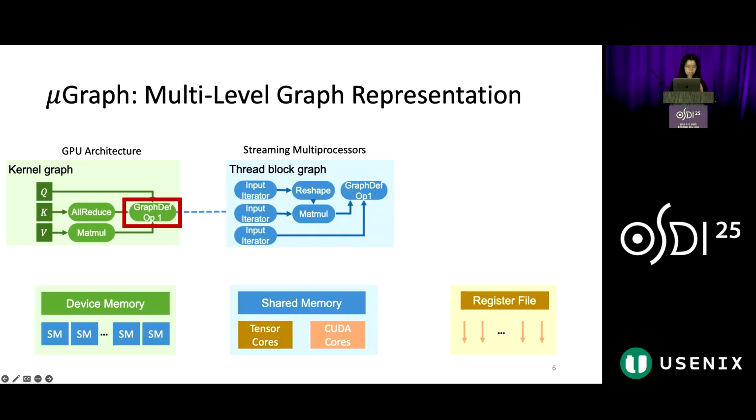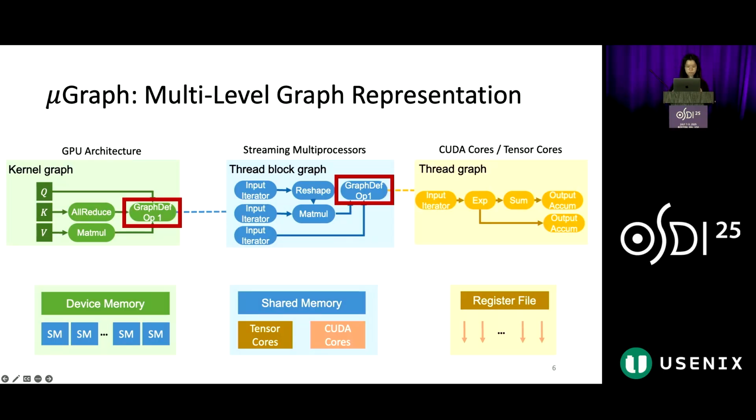What is similar to the kernel graph is that there can be standard operators representing standard tensor computation, or graph-defined operators whose computation is defined by a lower-level thread graph. In the thread graph, vertices represent computation for a single thread, and the intermediate results are stored in the register file. With muGraph, Mirage is capable of expressing the optimizations across multiple levels.